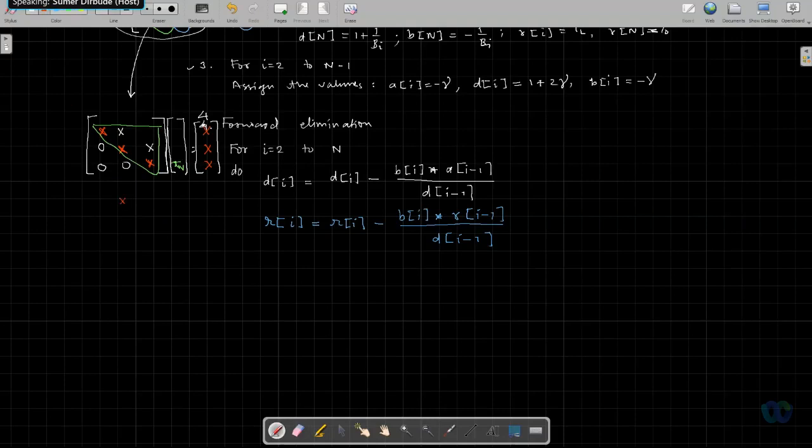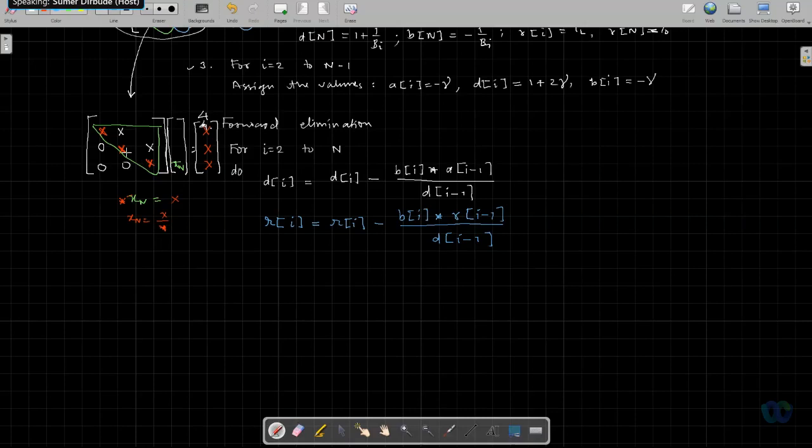This value multiplied by xn is equal to the right hand side value, so xn will be the right hand side value divided by this. We do this first, the back substitution.